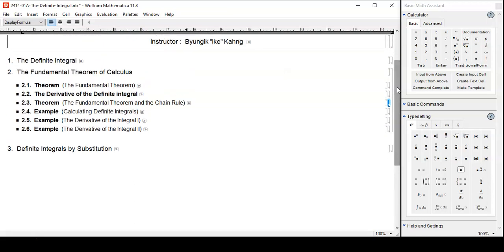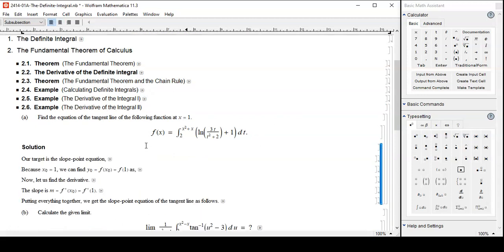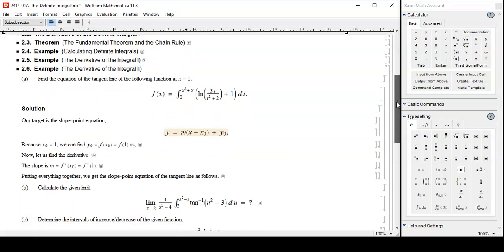Okay, time for some more. Well, we have some advanced problems here. I'll just give you some hint and then just move on. Let's see. Equation of the tangent line. Basically, we are looking for this. Find out y0 by plugging x equals to 1. And then take the derivative and plug in x equals to 1.